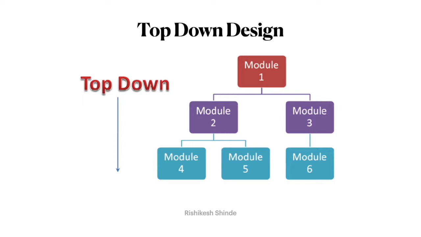Let us understand this diagram with the help of an example. Consider that we are building a database for a hospital. So in module 1 we will have the details of all the patients. Breakdown of module 1 can be into module 2 and module 3. In module 2 we will have the patients in ICU. In module 3 we will have the patients in the general ward.